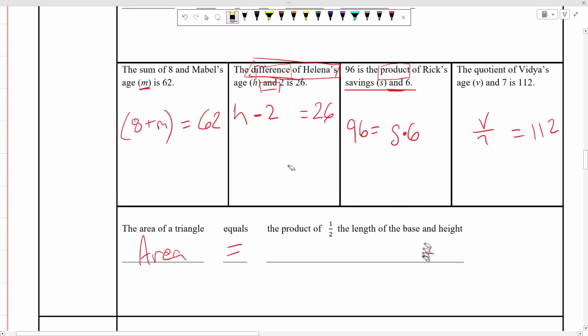So I see base and height. I'm going to use B to represent that, and I'm also going to use H to represent this. So I'm going to say base, not "and," not plus, but multiply. Because why again? This. So there I go.